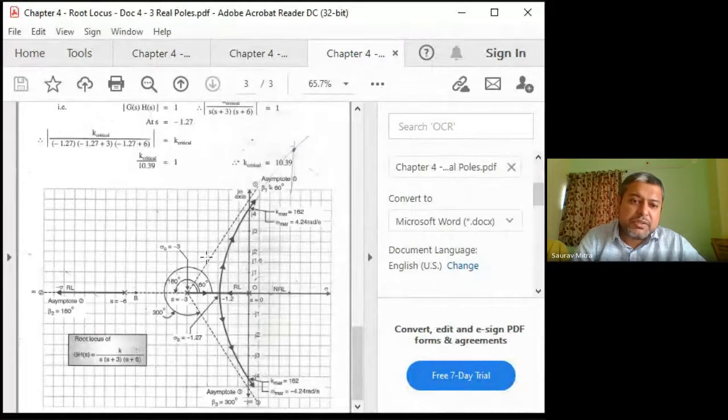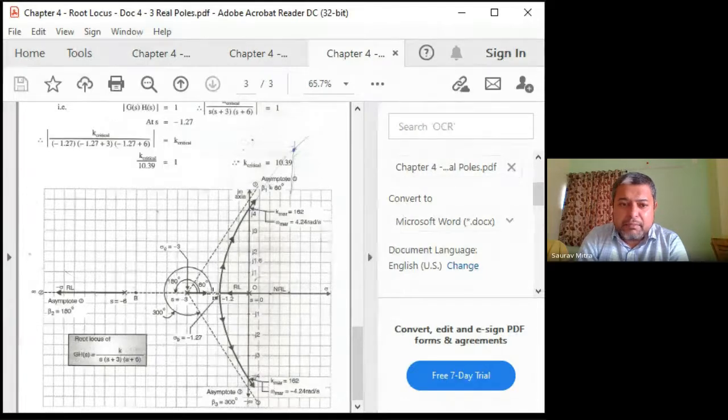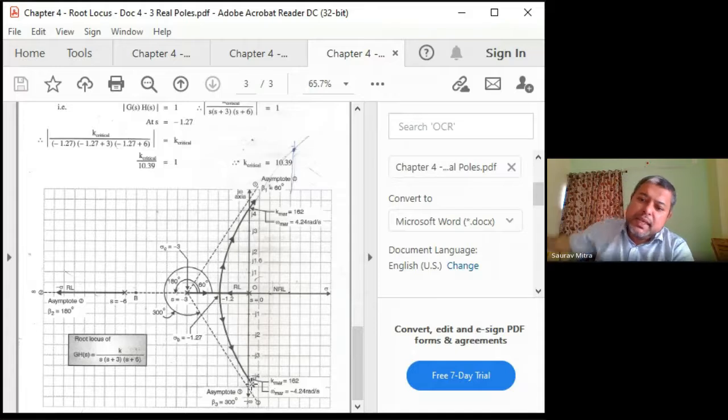This line, which is called a centroid line or asymptotic line, is actually a guiding force for the root locus. Guiding force for the root locus means the root locus will touch this line at s equal to infinity. Same here towards the below. So this root locus is generated actually from minus 3. As you are increasing the value of k from 0, it will come here at minus 1.27. Then it will flow and go towards negative infinity at s equal to infinity.